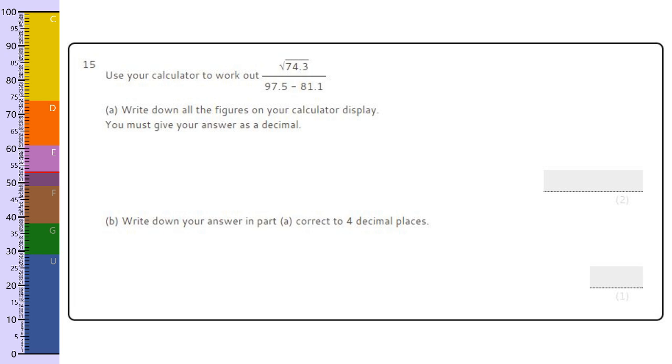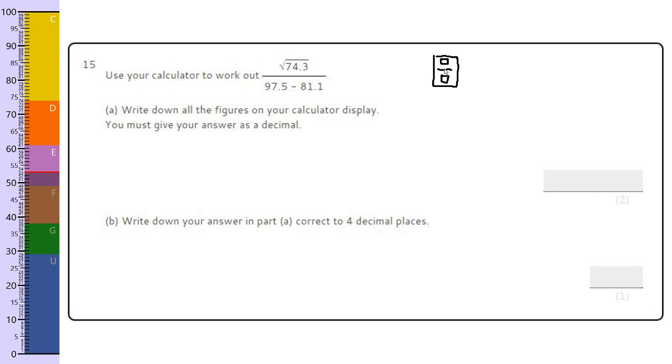If you have a scientific calculator, all you have to press is the fraction button, and I will show you what that looks like. It's a line with a square at the top and a square at the bottom. This is on the Casio ones, which are the most common ones. You go to the shift at the top left and go down 2, and that brings up a fraction, and then at the top you press square root 74.3.